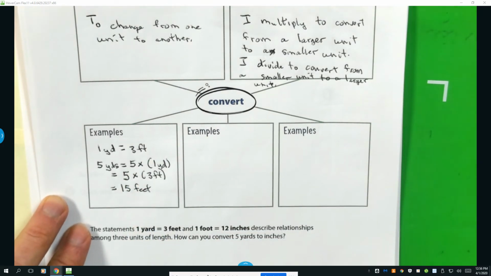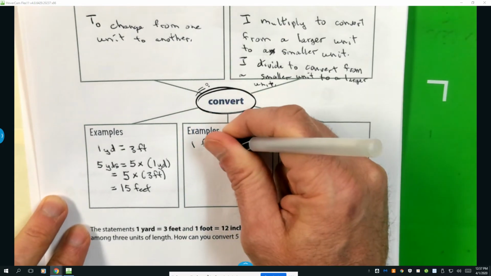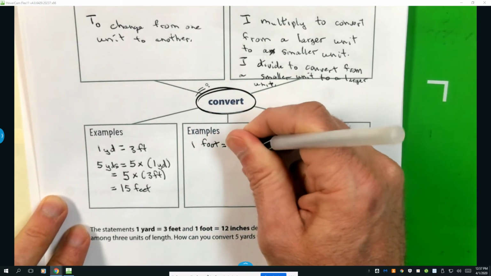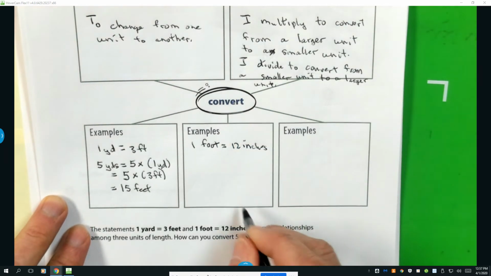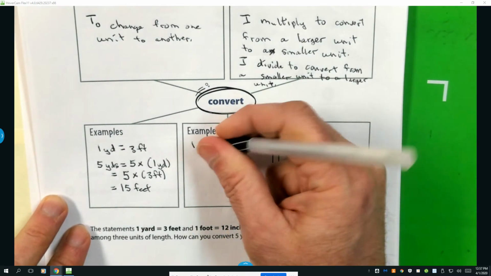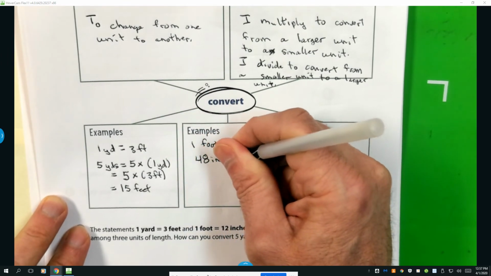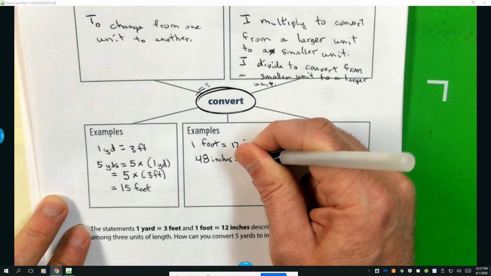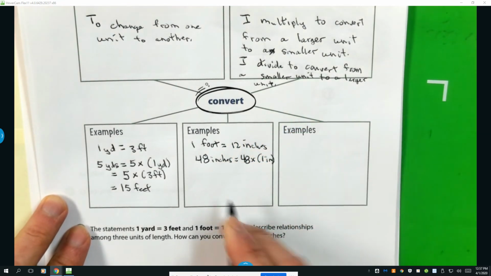So 5 times 3 feet equals 15 feet. Okay, I also know 1 foot equals 12 inches. So now if I wanted to know what 48 inches equals, 48 inches equals 48 times, in parentheses, 1 inch.